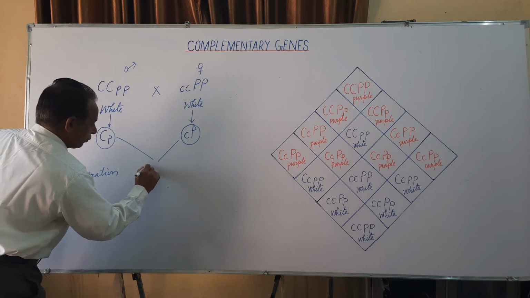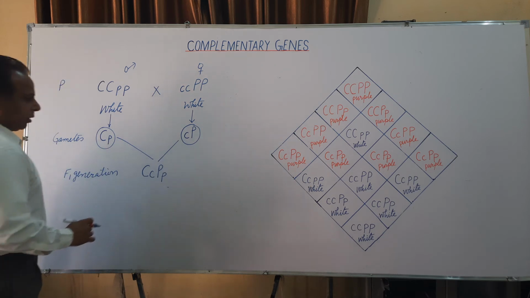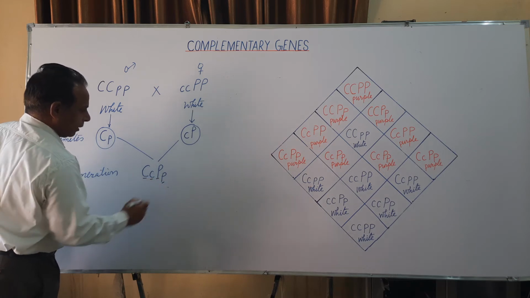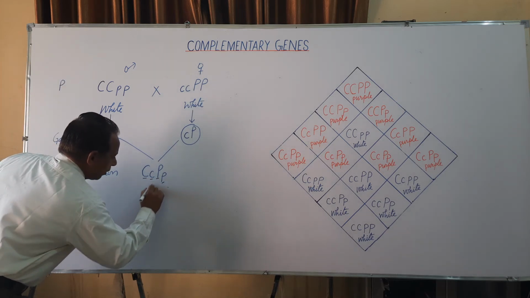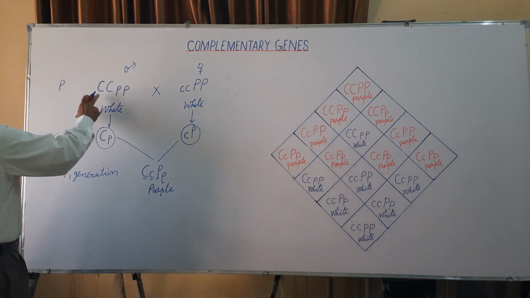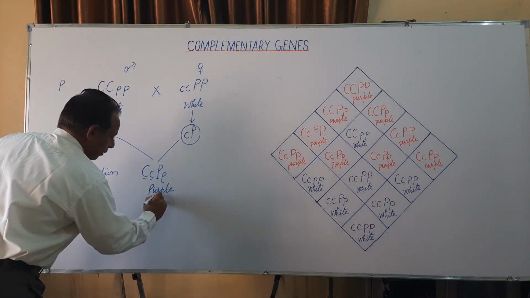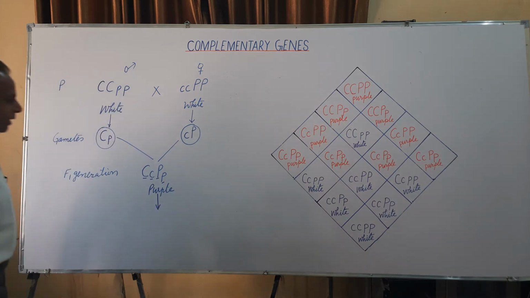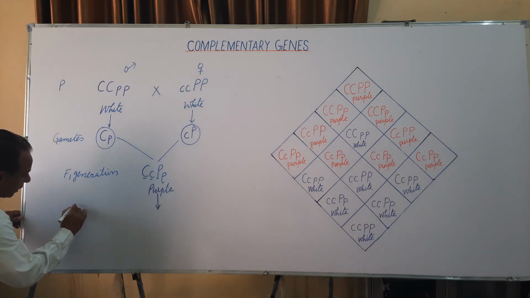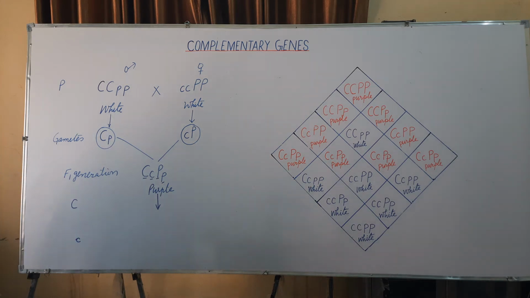The plants of the F1 generation are heterozygous in both the genes, containing the genotype capital C, small c, capital P, small p, and phenotypically they are purple because they possess both the dominant genes, that is C and P. When this F1 plant produces the gametes, the members of the allelic pair of the first gene, that is capital C and small c, separate from one another.